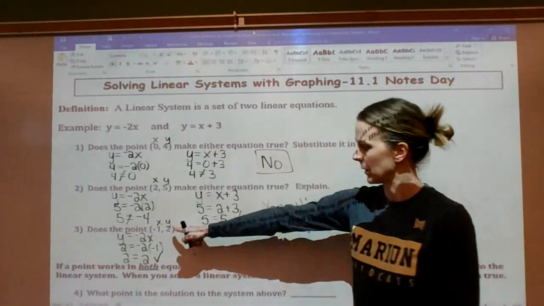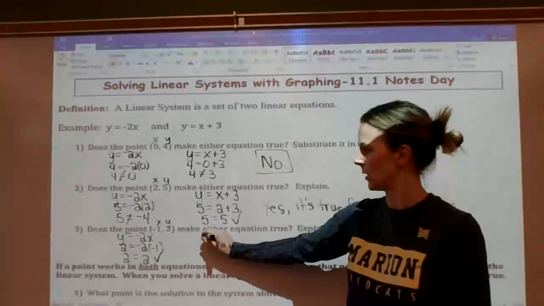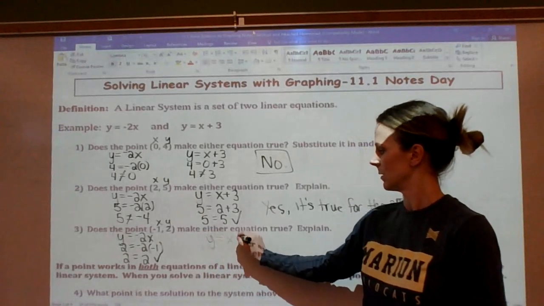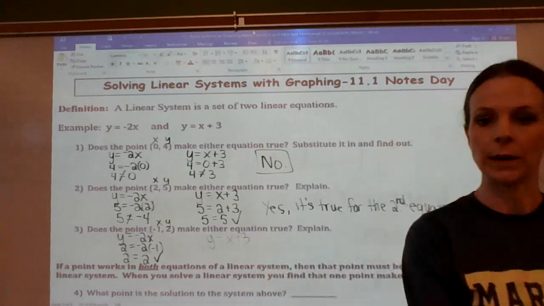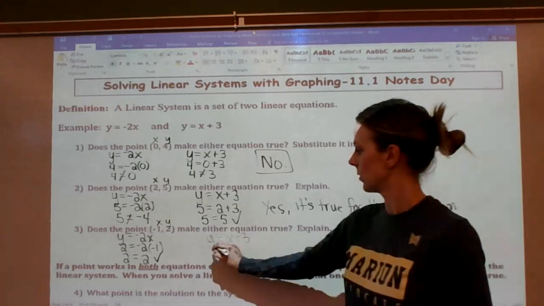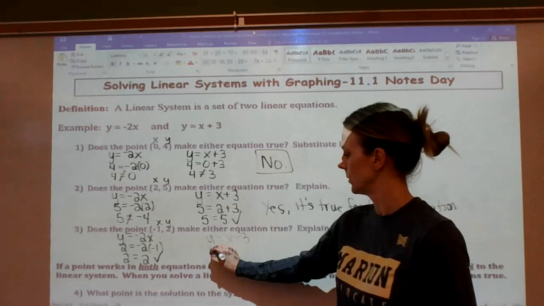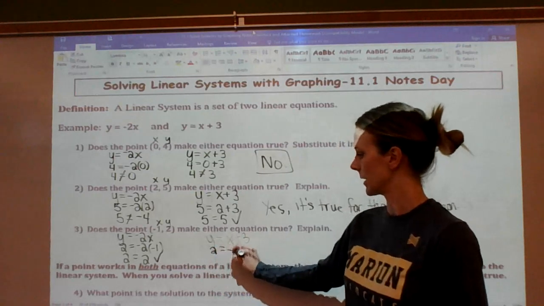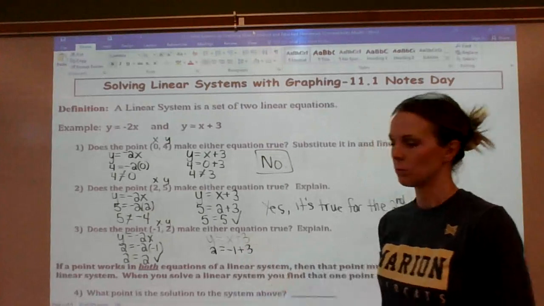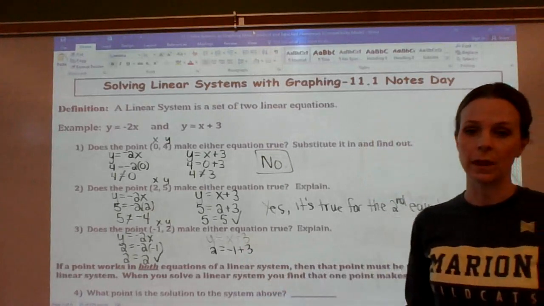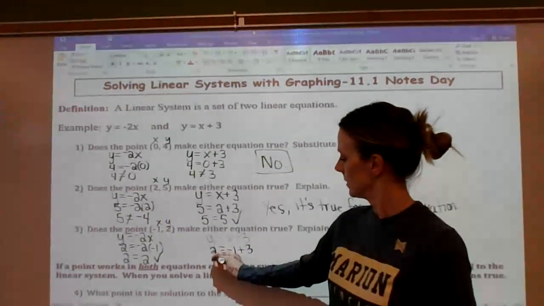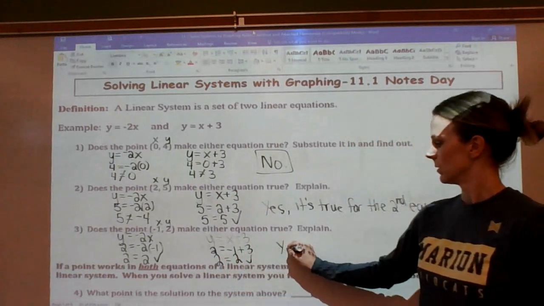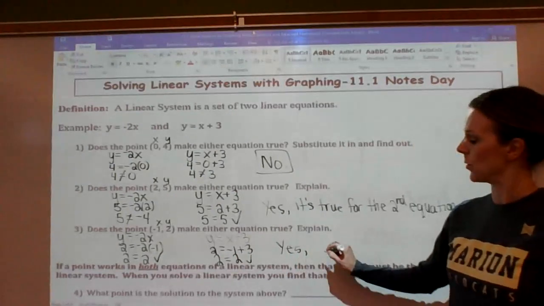And then I'm going to plug the point (negative 1, 2) into the equation y equals x plus 3. All right, so our y again is 2. So 2 equals our x, negative 1, plus 3. Negative 1 plus 3 is 2. So I get another true statement that 2 equals 2. So yes, it's true for both.